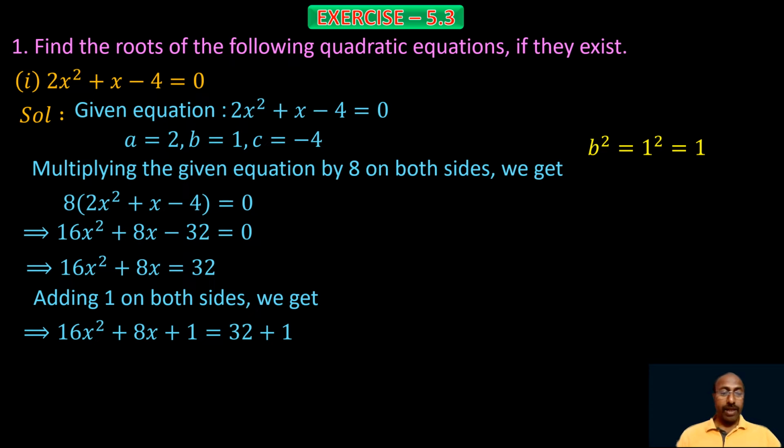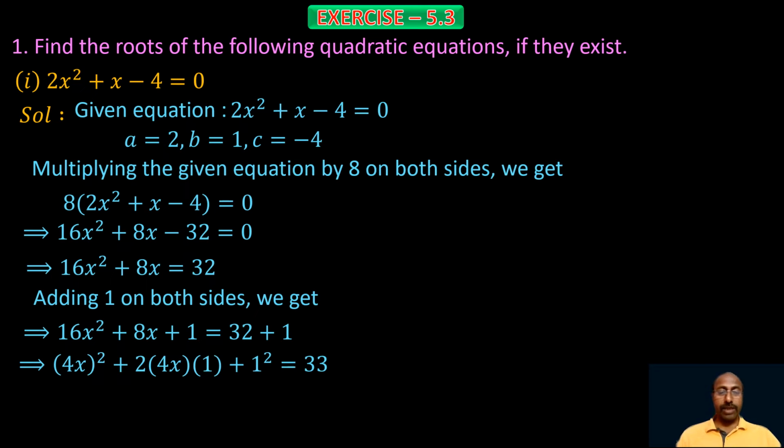Now the terms on the left side can be expressed as 4x whole square plus 2 into 4x into 1 plus 1 square is equal to 32 plus 1, that is 33. So now the terms on the left side are of the form a square plus 2ab plus b square, which is equal to a plus b whole square.